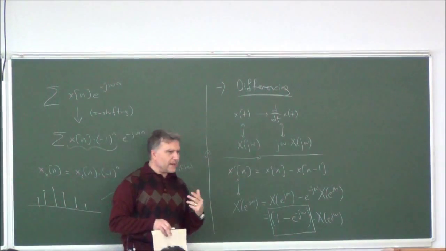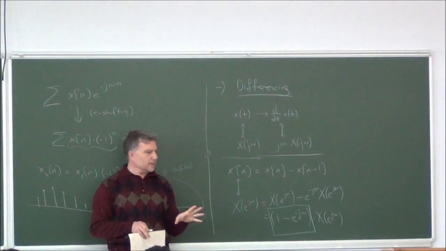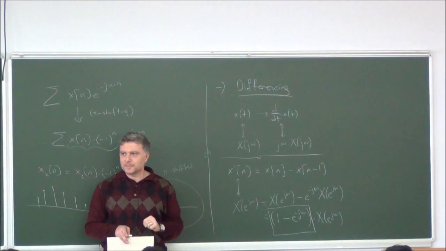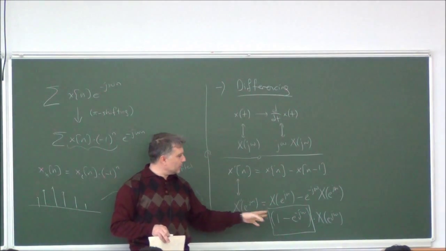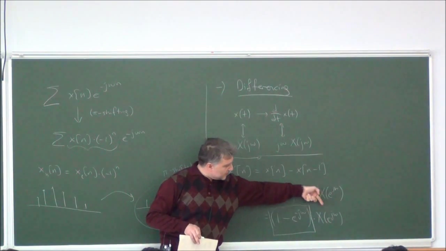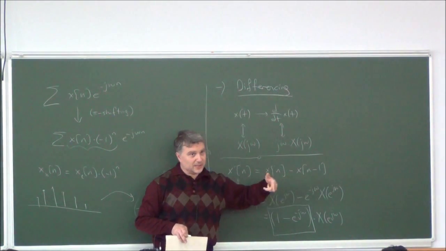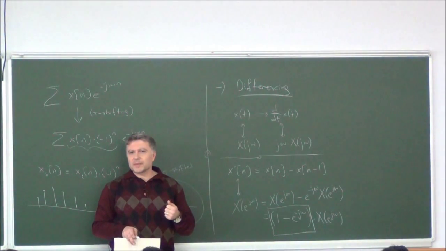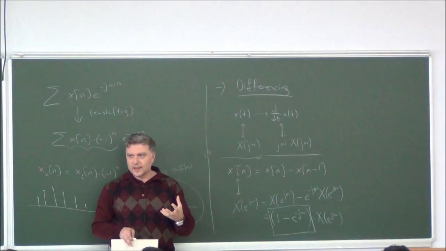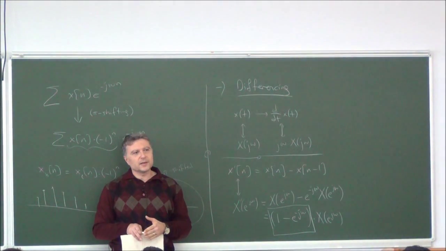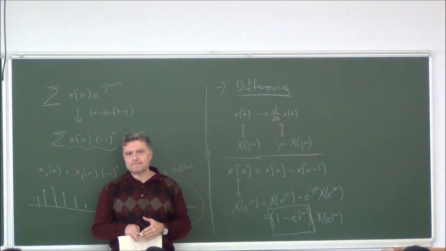Well, in fact, if you come up with a j omega multiplication, you must be worried a lot. Because when you multiply with j omega, your Fourier transform, suppose this is already 2 pi periodic because it's a discrete time Fourier transform. When you multiply a 2 pi periodic signal by j omega, it's no longer 2 pi periodic.